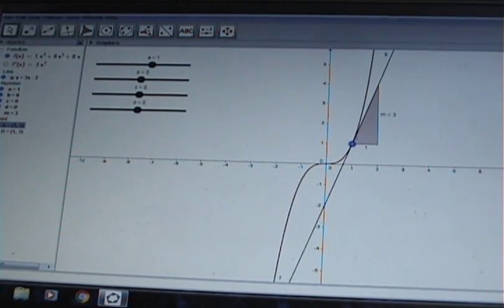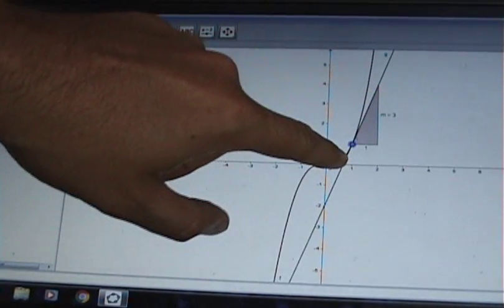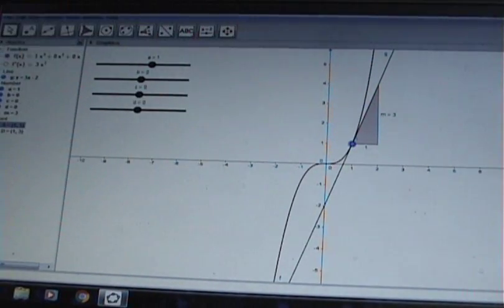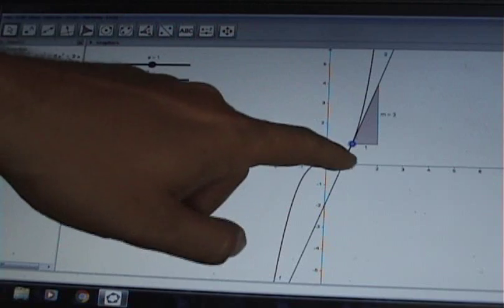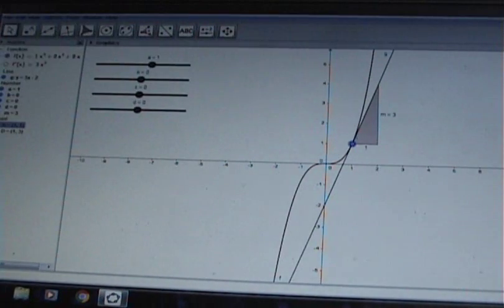So why does that tangent line, according to our triangle here, have a slope of 3? Well, if you take the derivative of x cubed, the derivative, of course, is going to be 3x squared. By plugging our value of 1 from our point A into 3x squared, 1 squared is just going to be 1, so 3 times 1 is going to be 3.